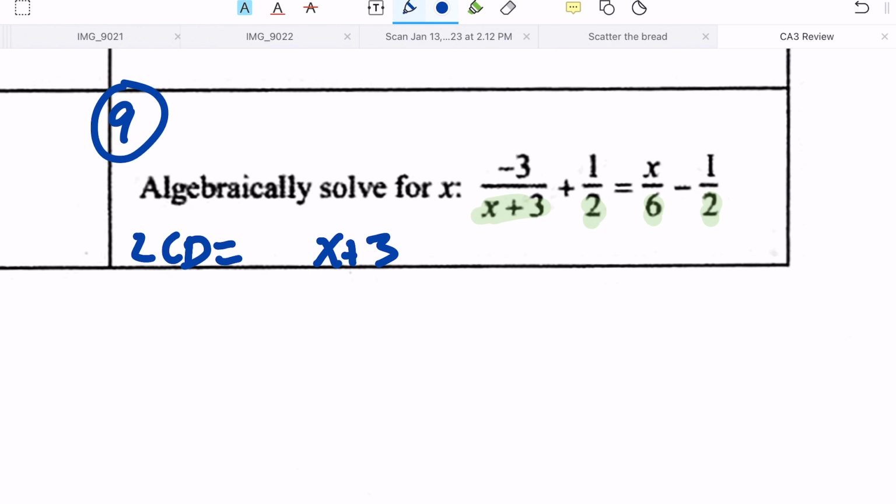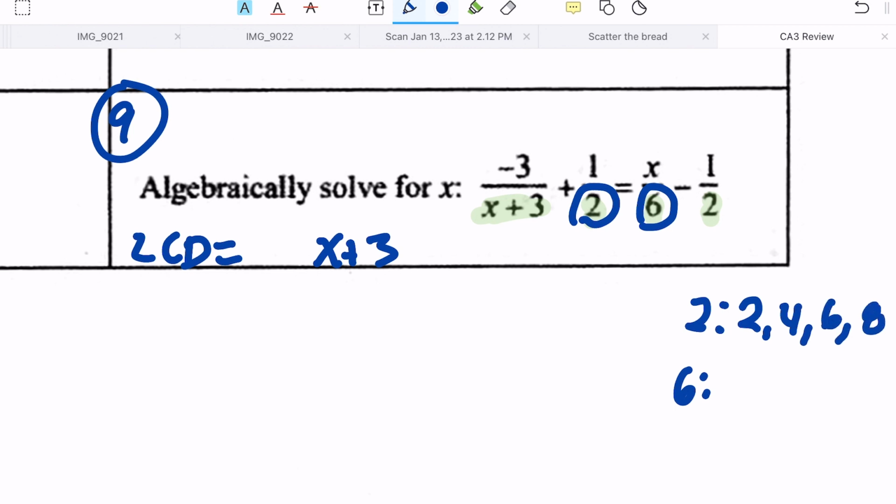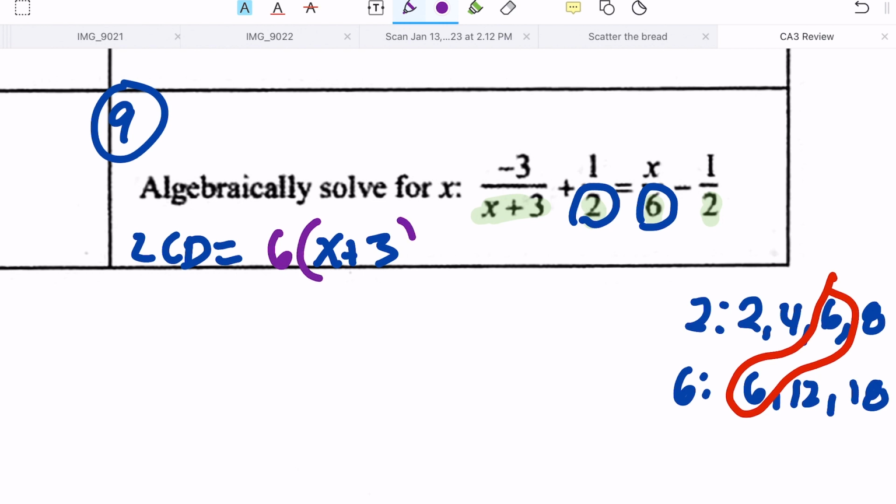And now, if we look at 2 and 6, the multiples of 2 are 2, 4, 6, 8, and the multiples of 6 are 6, 12, 18. We see that the least common multiple here is 6. So therefore, the LCD is going to be 6 times x plus 3.